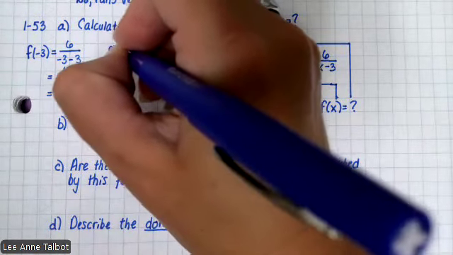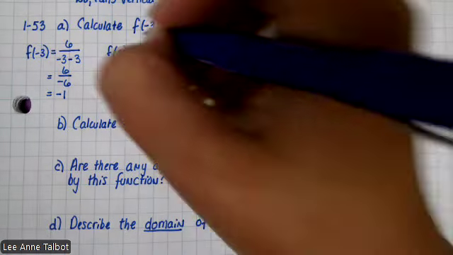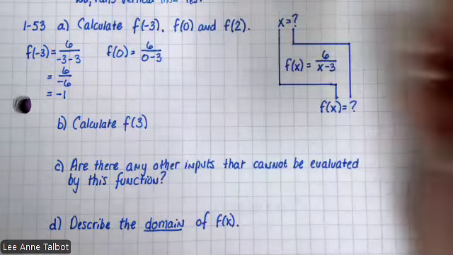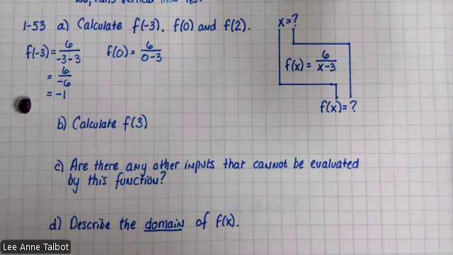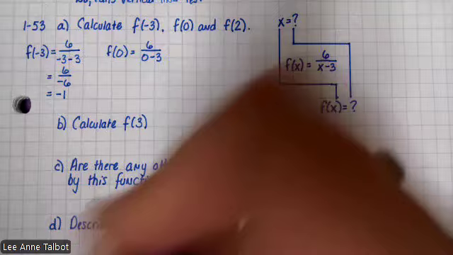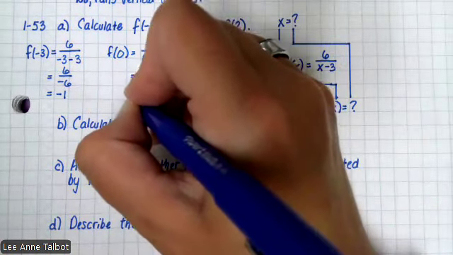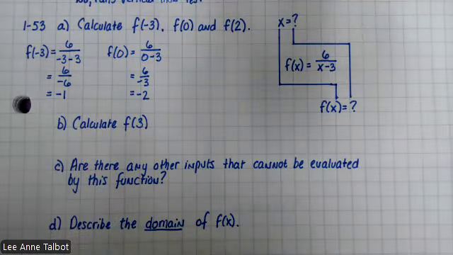Okay, f of 0. 6 over 0 minus 3 is 6 over -3, which is -2.